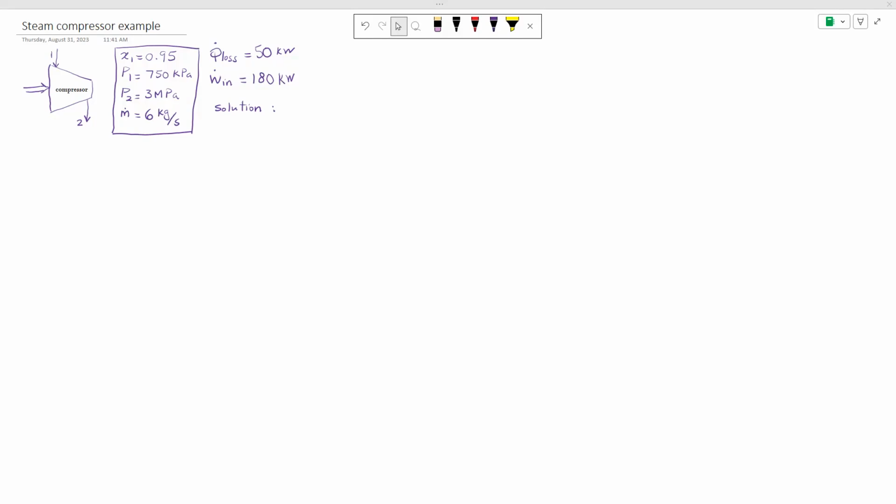Hello, today we are going to work on a steam compressor as a steady flow device under the category of open systems. So let me review the information. The quality of steam at the inlet is 95%.